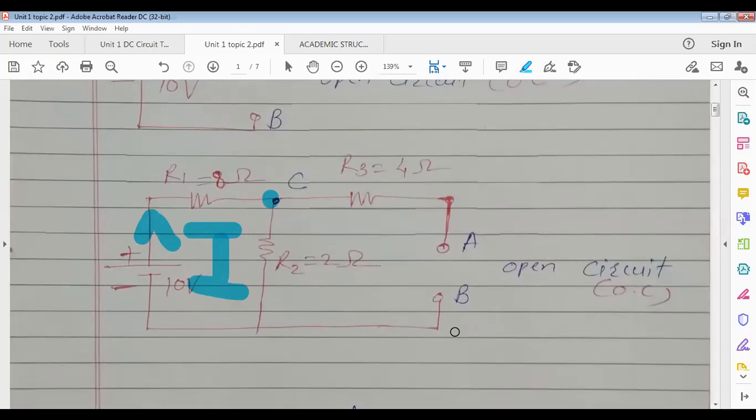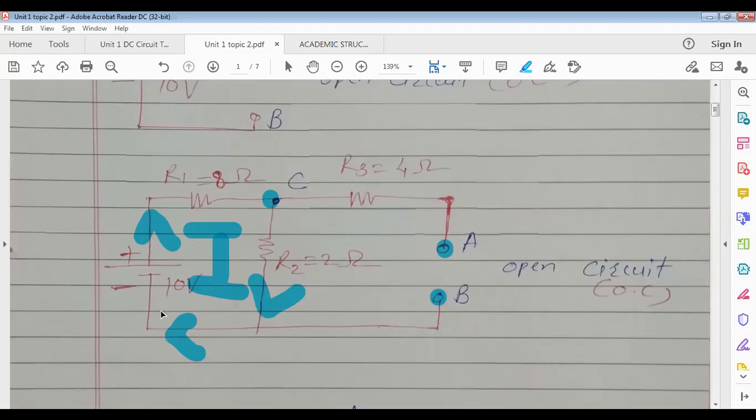No, it will not. Why? Because between A and B it's an open circuit. That's why this current will flow through the 2 ohm and go back to the negative terminal of the battery, that is 10 volt, right?